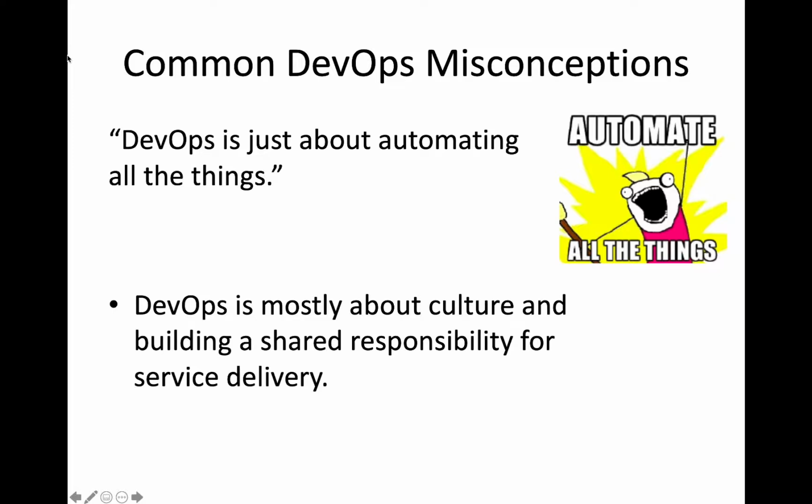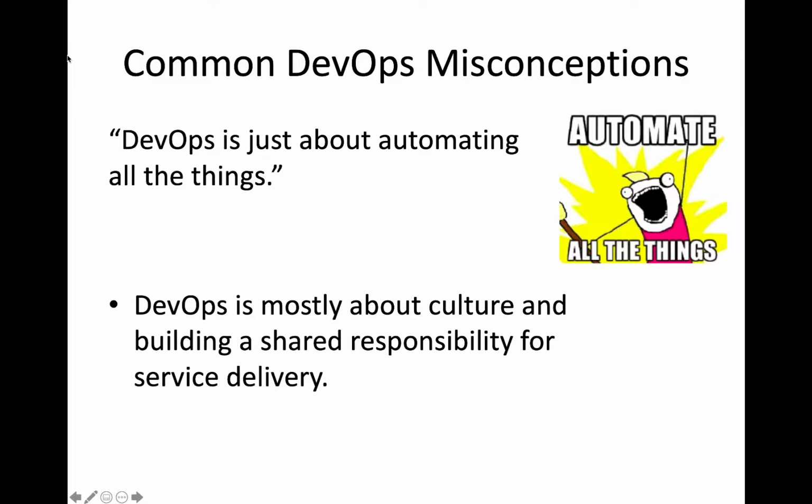The second common misconception is that these DevOps methodologies are really just focused on automating everything. And in order to build a successful DevOps practice, all I need to do is just focus on automating tasks which are currently performed manually. And while automation is an important component in a DevOps practice, it's not the most important component.